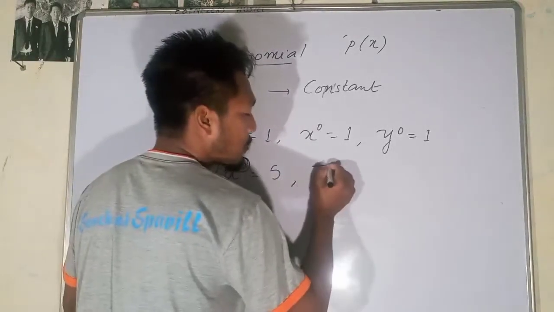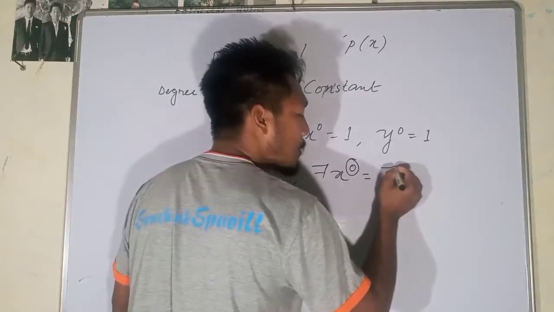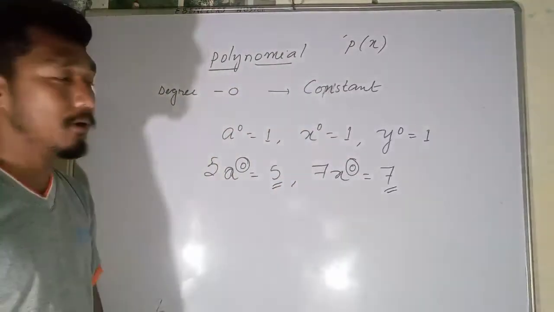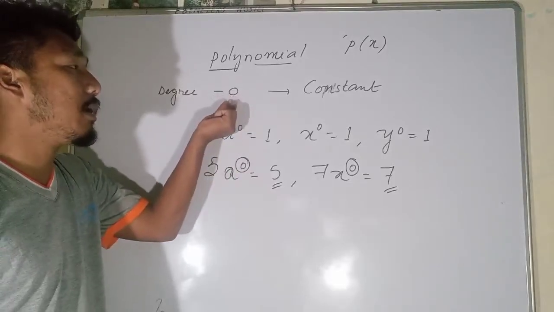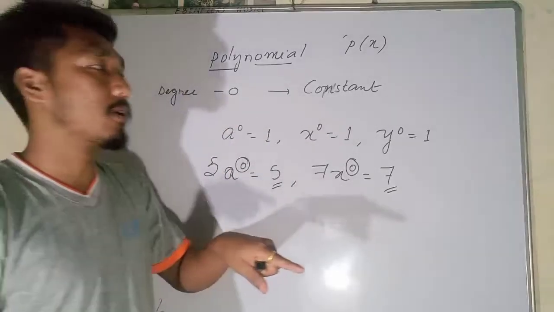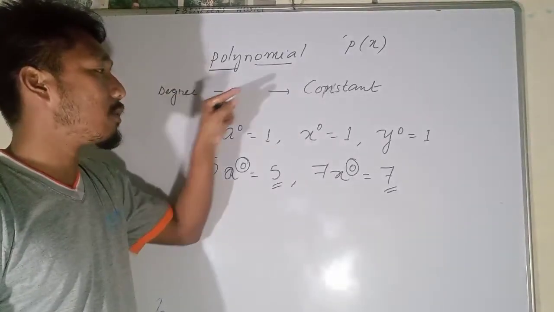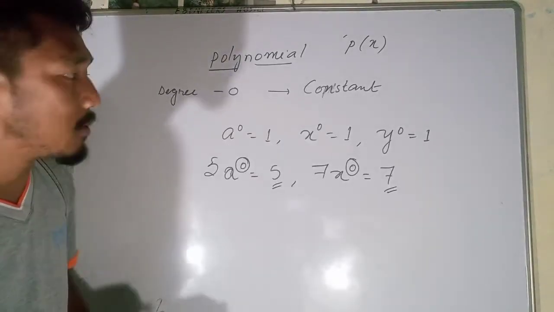If I write 7x to the power 0, the degree is 0, the value is 7, and 7 is a constant number. For a constant number the degree is 0; the highest degree of a constant polynomial is always 0.